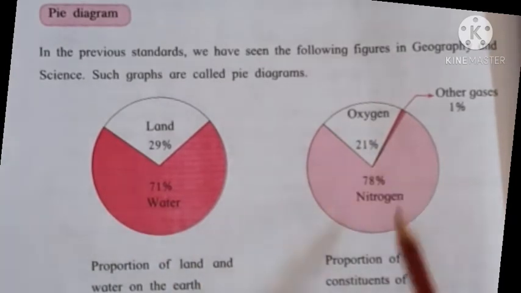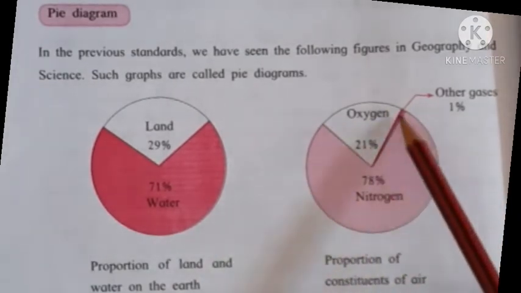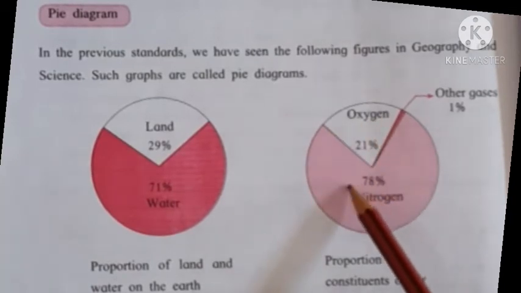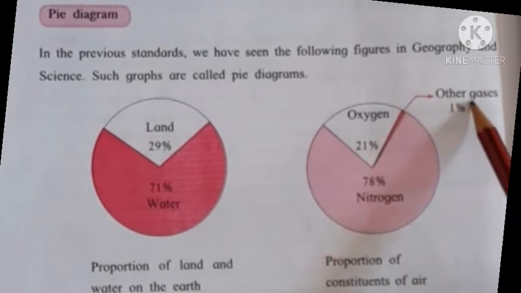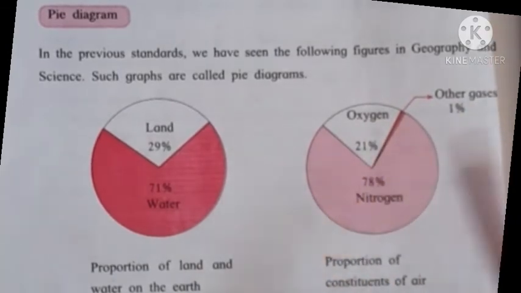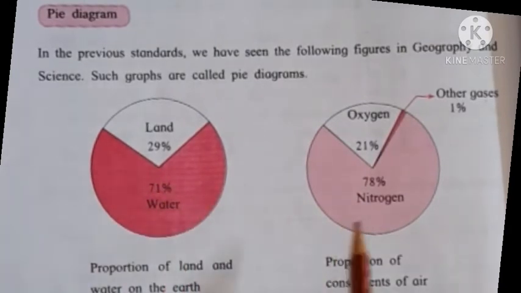See the second figure, proportion of constituents of air. Here the constituents of air are given. 21% is oxygen and 78% is nitrogen, and the remaining 1% are other gases. This figure is related to science and this figure is related to geography.